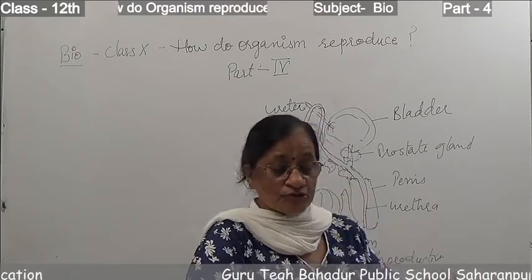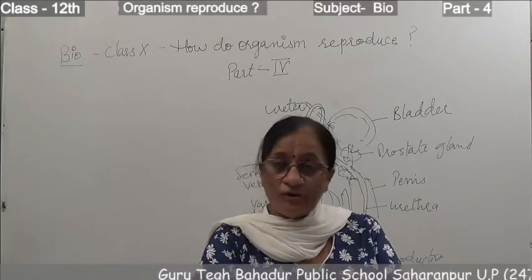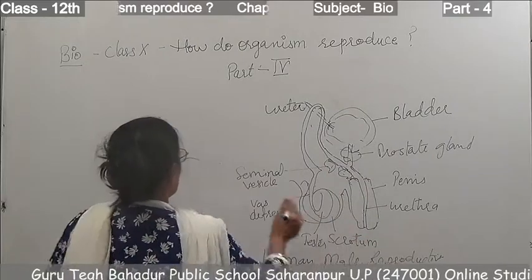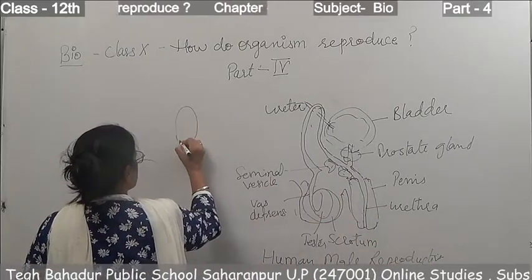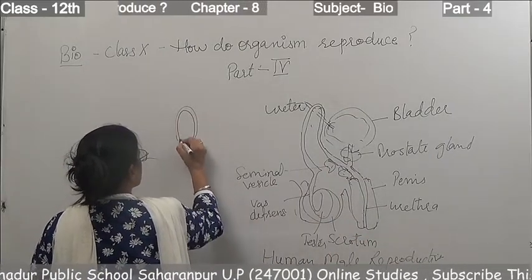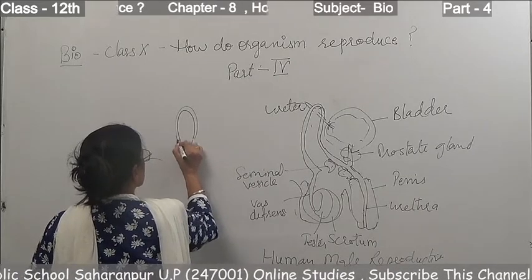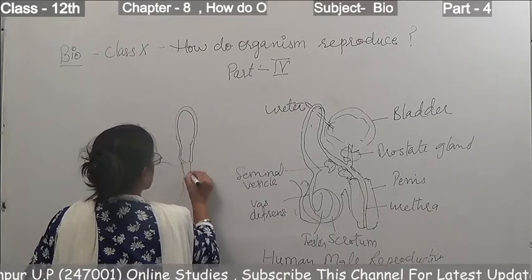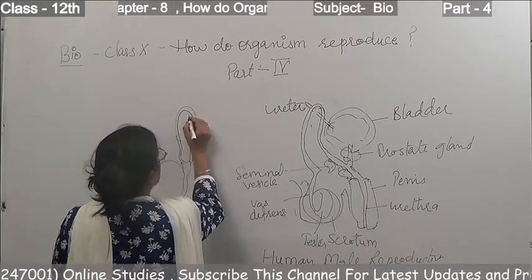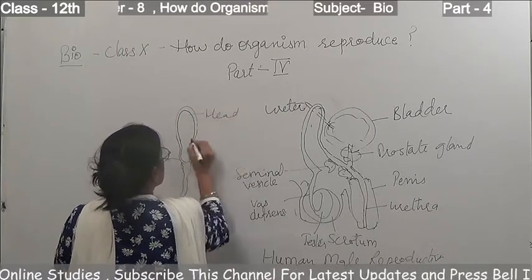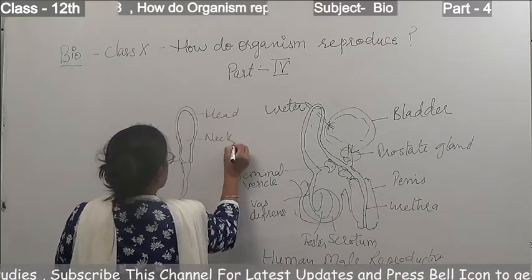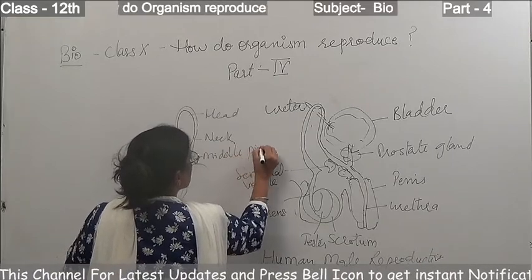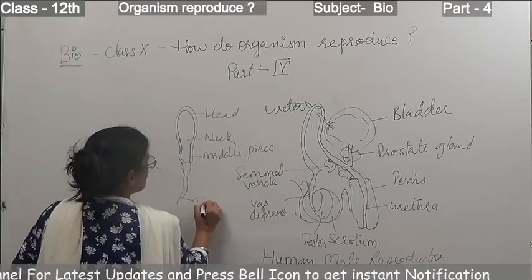Sperms are produced in males throughout the reproductive life. The sperms are tiny bodies, and their structure is like this. This is the head, this is the neck, this is the middle piece, and this is the tail.